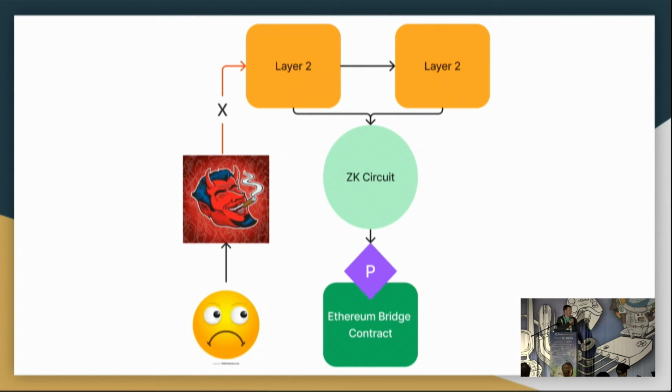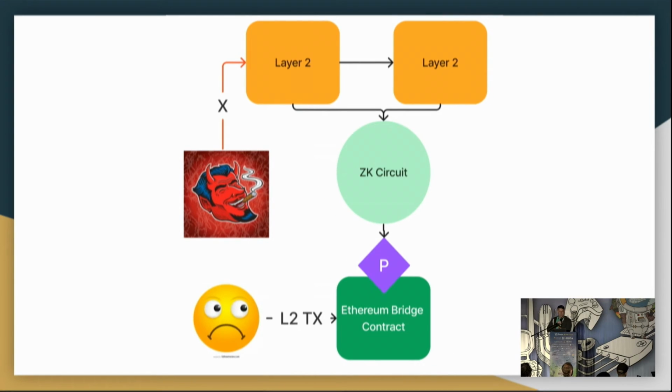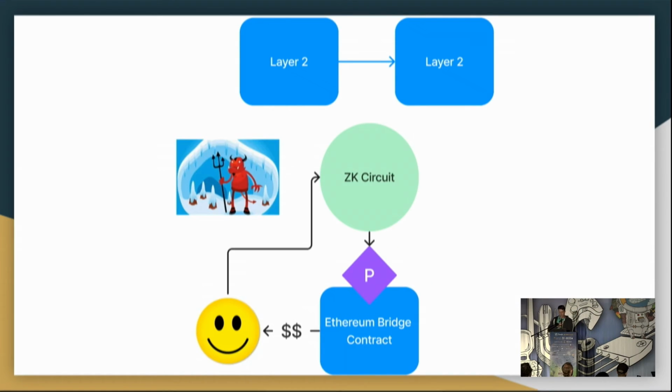But let's say your validator or sequencer becomes evil. Then you can submit your transaction directly to the Ethereum bridge contract. And if the sequencers don't include your transaction within a certain period of time, then the bridge freezes and you can produce a proof yourself using the ZK circuit to get your funds back off that bridge.